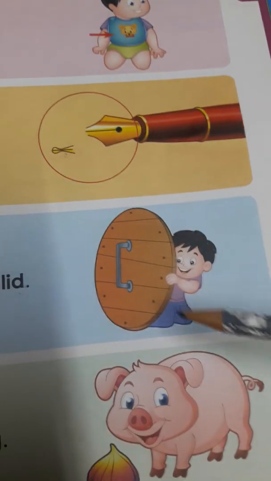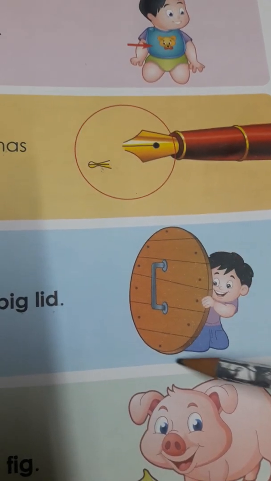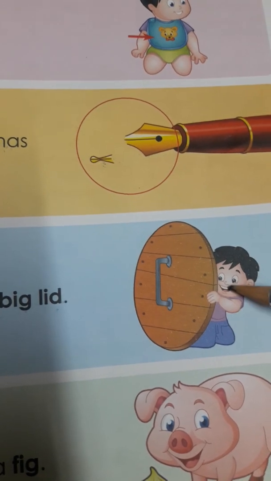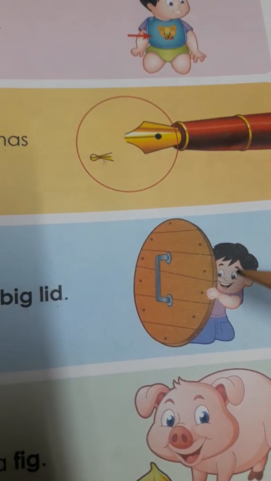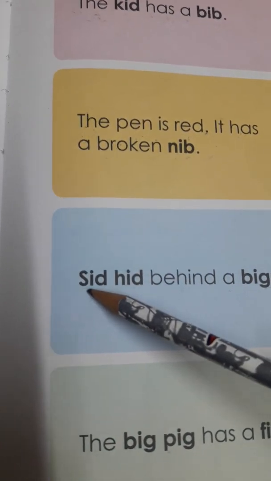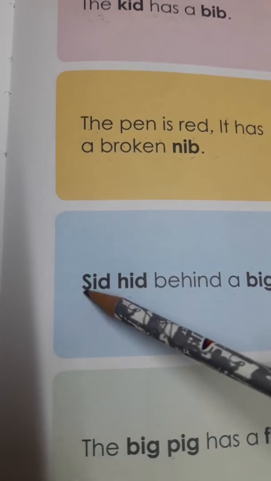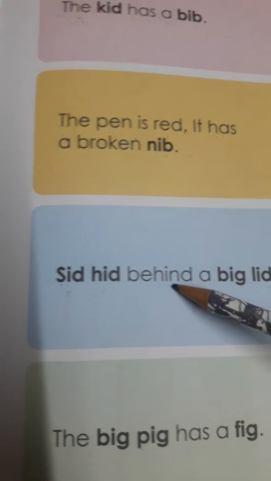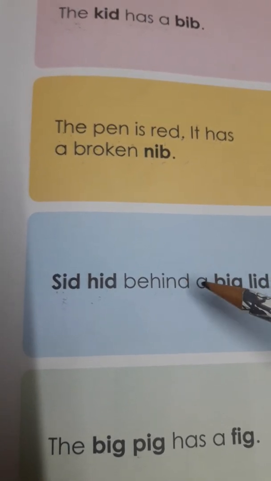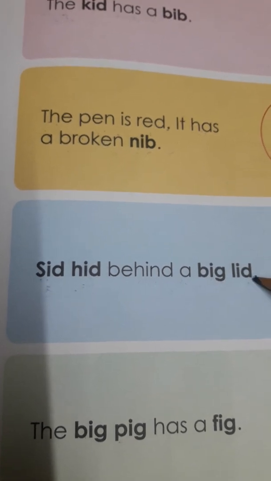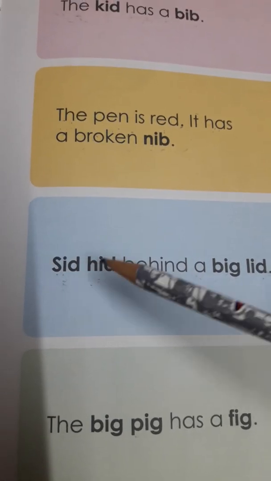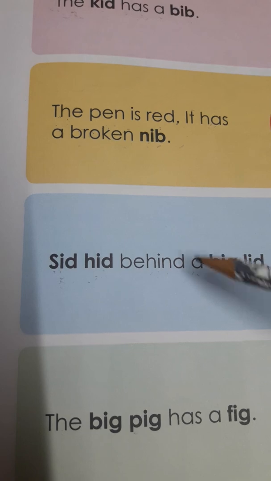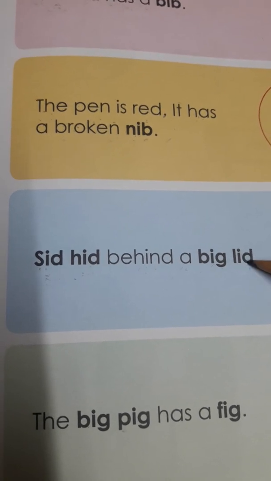Next, you can see it is a lid and this boy is hiding. Okay, so the sentence is Sid hid, behind means lid ke piche. A big lid. Sid hid behind a big lid.